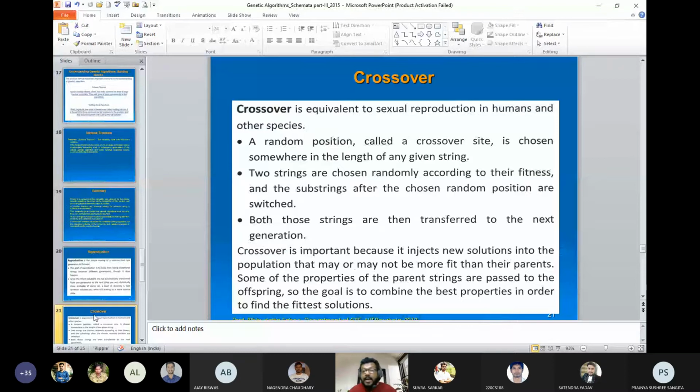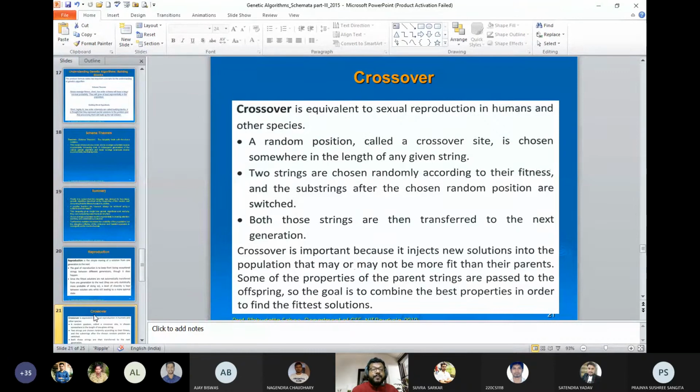But if your knapsack has a limited capacity, then the offspring may not be a solution because it may not fit into the knapsack. So designing a crossover function is important to ensure that the newly produced members meet the condition or constraint, that they are solutions. Obviously the parent strings' properties are passed to the next solution.